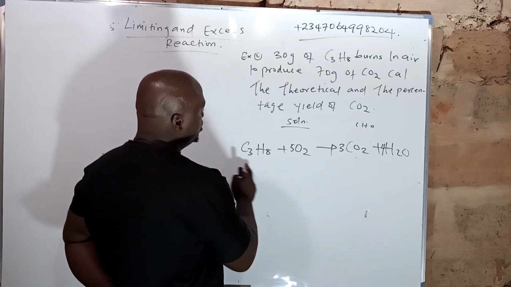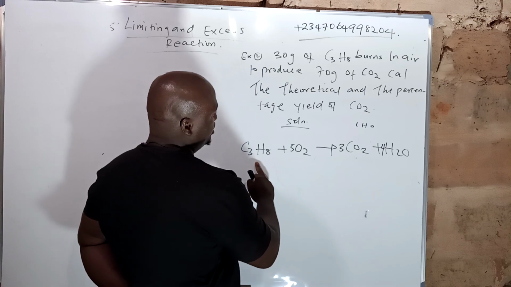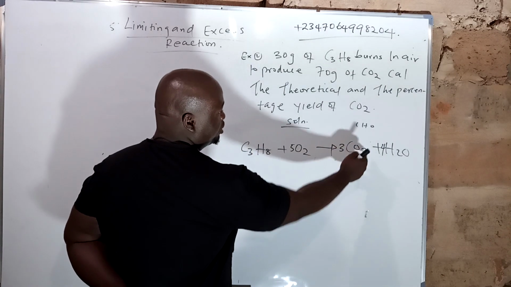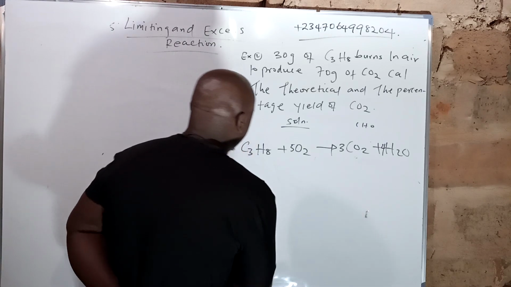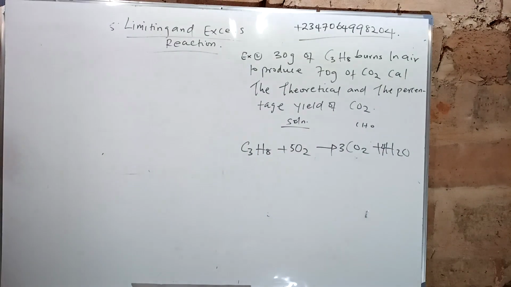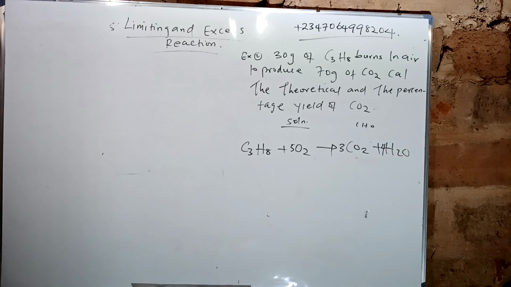you can see that 1 mole of propane reacts with what? 3 moles of CO2, right? So from here, the molar mass of this compound, of course, carbon is 12, and hydrogen is 1.